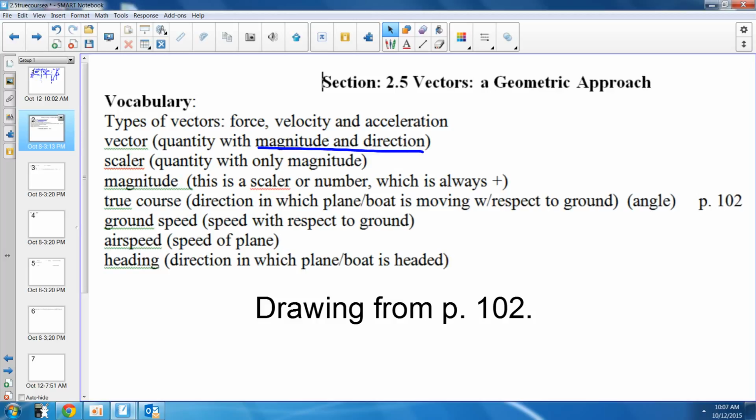True course, ground speed, airspeed, and heading all have to do with this drawing that we're going to do from page 102. So let's do this drawing and make sure it's making sense what the words are.